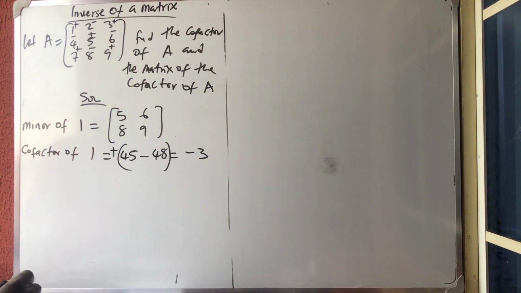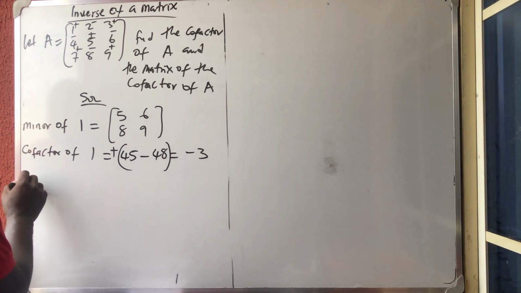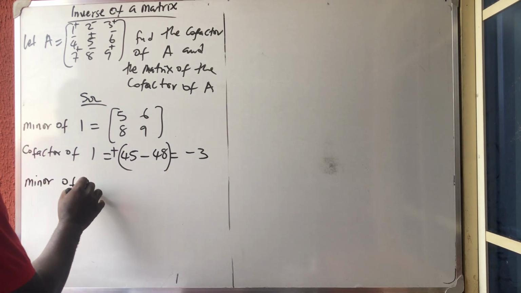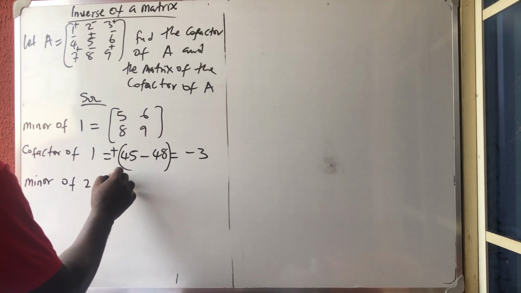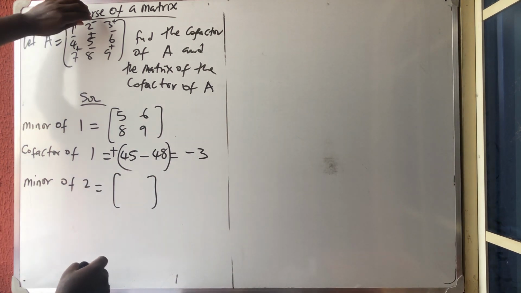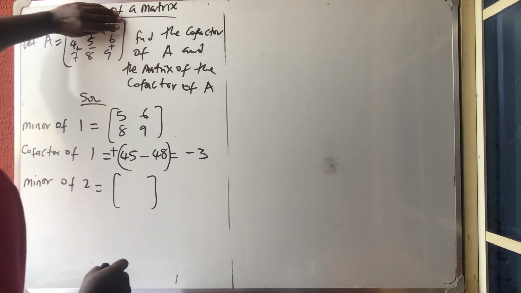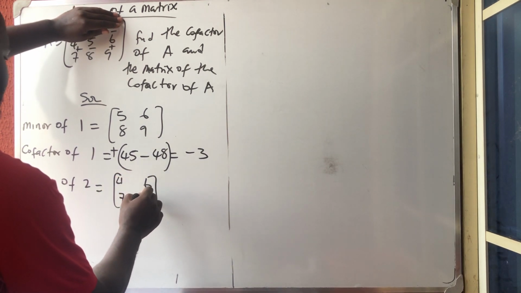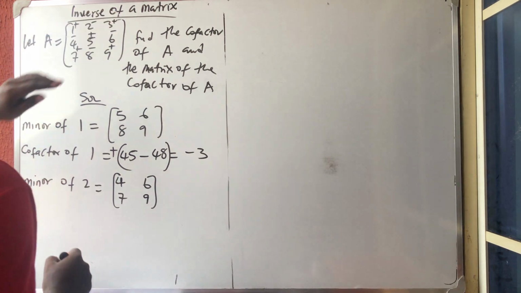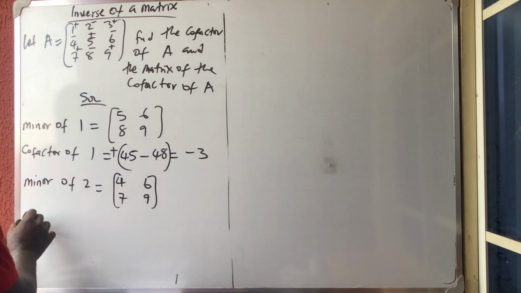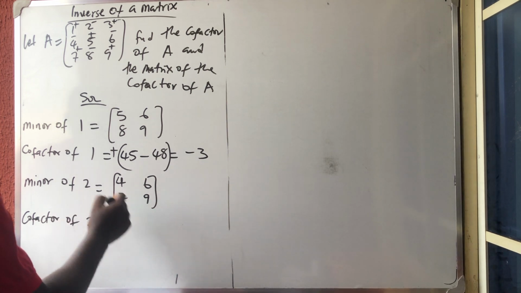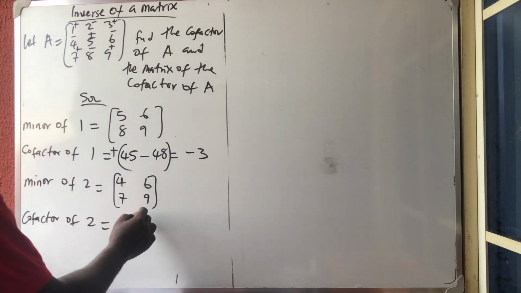Very important. So the next one, number 2. First of all, minor of 2. Minor of 2 is simply close the row and column of 2. I'm left with 4, 6, 7, and 9. Then the cofactor of 2 is simply put minus, because this one has minus in the bracket of signs.